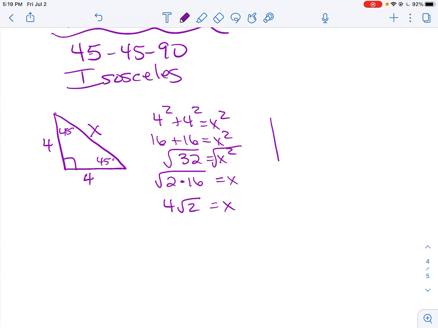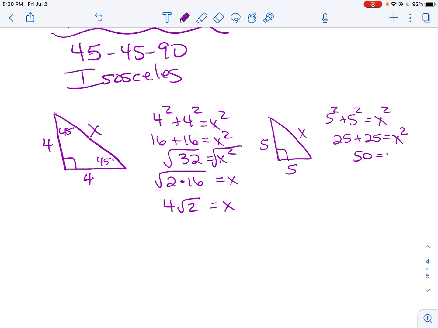So let's try this again. Let's say I have 5, 5, and I want to find this. Okay, so I take 5 squared plus 5 squared equals x squared. 25 plus 25 equals x squared. 50 equals x squared.